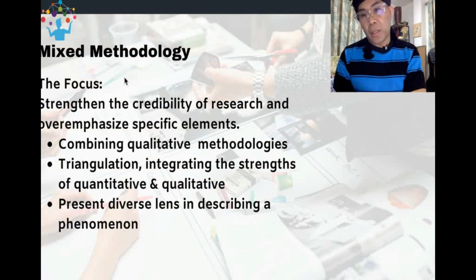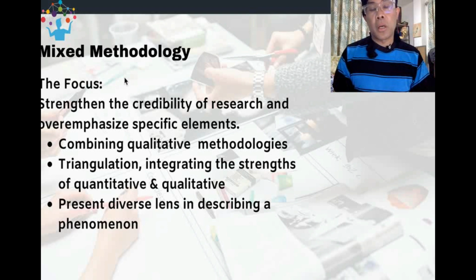But when you put them together, you create an opportunity for a more rigorous, more robust way of exploring a specific study, specific data, or a specific intention for research.